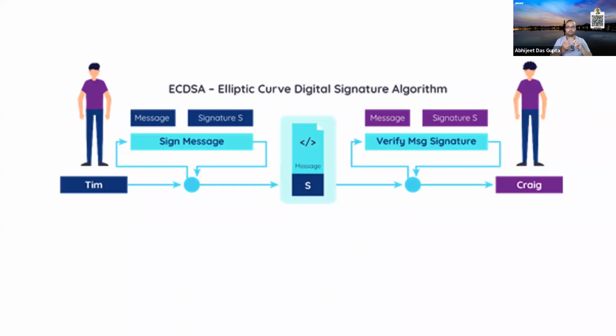So if the public key of the sender is somehow changed in between, the message won't get verified. If the data has been tampered with, the message won't get verified. If the signature has been tampered with, it won't get verified. So if any of those three elements required for the verification of the message is somehow tampered with, then there is no chance that it can be verified.